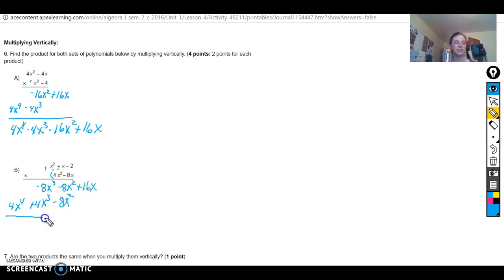This is where the vertical comes in, because now I can easily combine like terms. I have 16x, negative 16x squared, negative 4x cubed, since negative 8 plus 4 is negative 4x cubed, and 4x to the 4th. Again, totally the same.